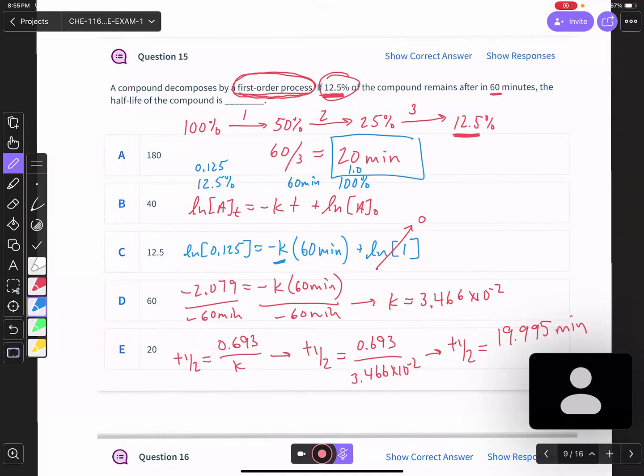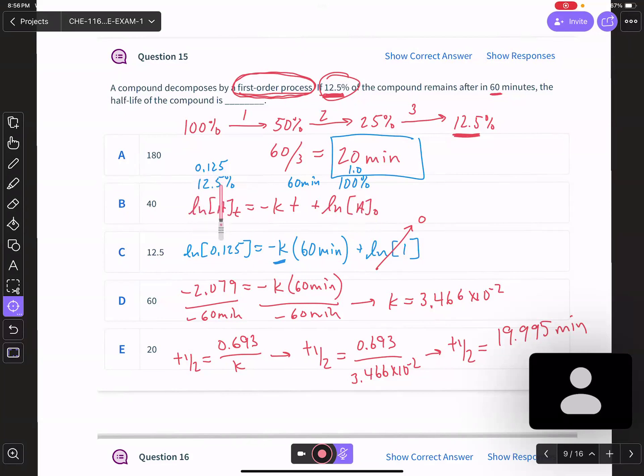So if it's a nice clean half-life, we can do this simple trick of just divide by 2, divide by 2, divide by 2 each time, adding the time required for a half-life. If it is not a nice clean half-life, then we would have to go this route. We'd have to use the integrated rate law for a first order reaction, use our initial, even if we don't know it, we could just say 100% because that's what you'd have at the start.